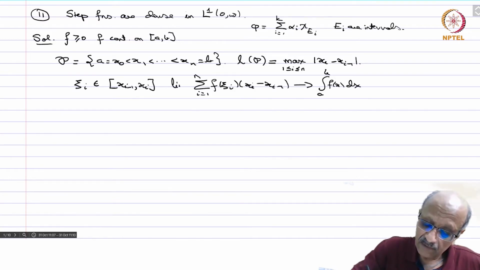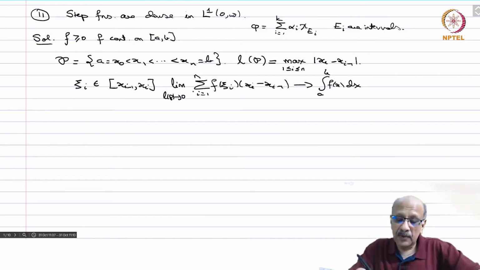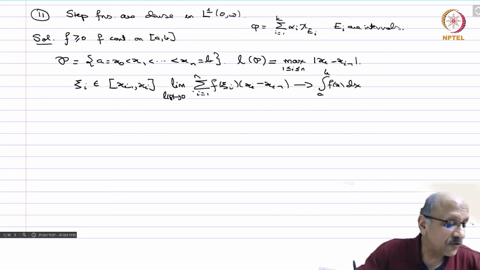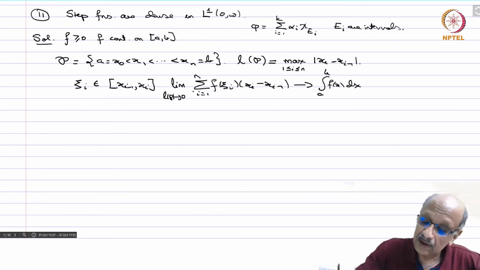This is the limit as L(P) tends to 0. So you take all possible partitions, the maximum should tend to 0, so the partitions become finer and finer. Then these Riemann sums we know converge to the Riemann integral, but we are dealing with continuous functions, therefore Riemann and Lebesgue integral are all one and the same.